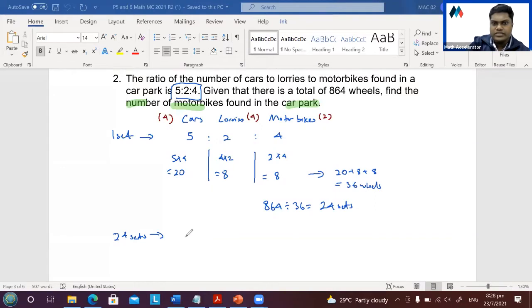So motorbikes would simply be 24 times 4, which equals to 96. So answer is 96 motorbikes. Yes, that's right. Answer is 96.